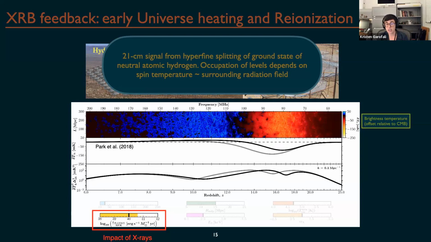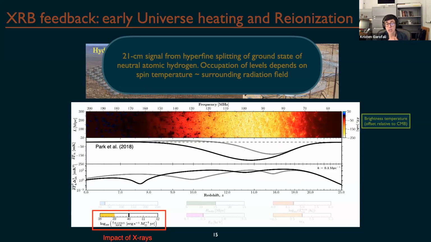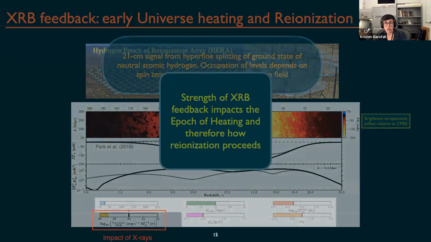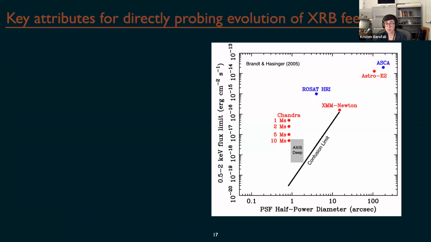So the strength of X-ray binary feedback can affect how reionization proceeds. So finally, to wrap up, I want to talk very quickly about some prospects for AXIS in this space in probing X-ray binary feedback more directly.